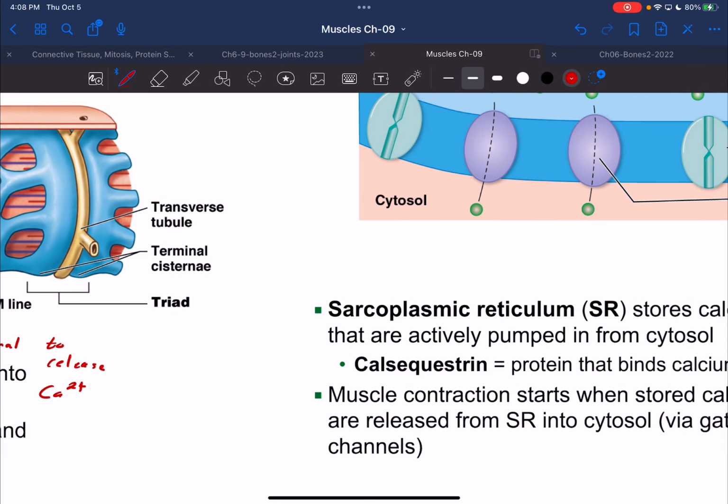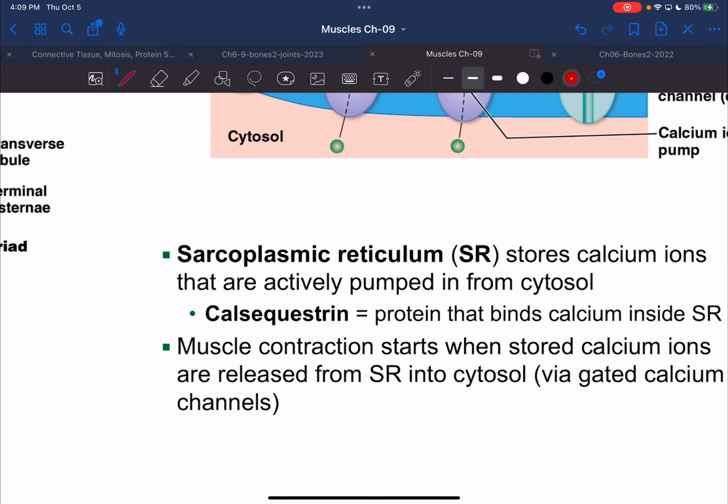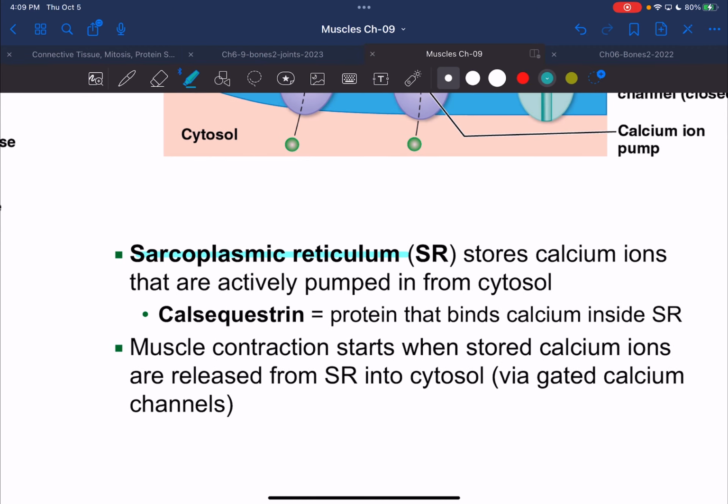And we call the endoplasmic reticulum inside of a muscle cell the sarcoplasmic reticulum. Endoplasmic, sarcoplasmic reticulum.